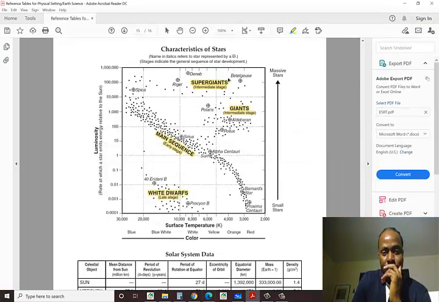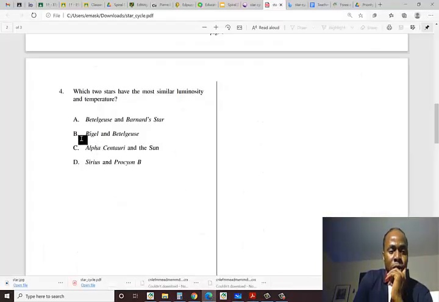I see Betelgeuse here, and I see Rigel here. Both of them definitely do not share the same temperature when you extend that down to the temperature line. Maybe they share the same luminosity if you extend that to the left, but temperature, no. So that is out as well.